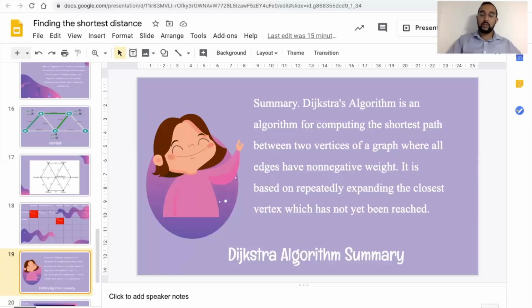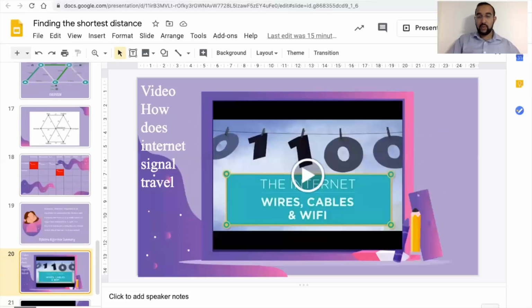So then you just summarize the lesson, you do a little reflection, and you can ask them to write a reflection as well, what they learned today. It's up to you. And if you have time, or if students finish early, I always try to include additional resources so students can have background knowledge, or they can do an extended activity. So students can watch this video on how the internet works and how cables and Wi-Fi work.